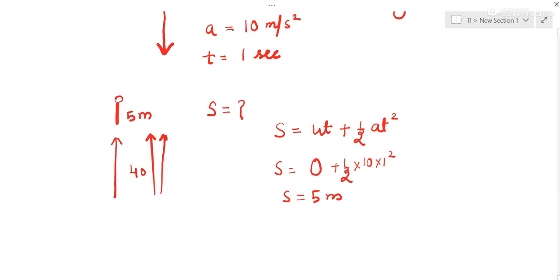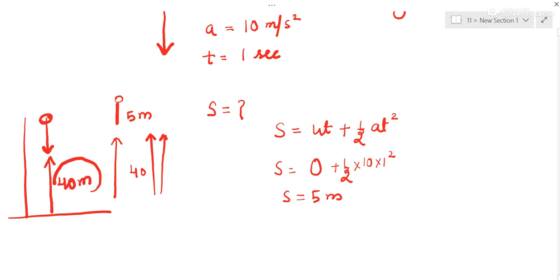So what is the distance of the object from the ground? In 1 second it traveled 5 meters from the top. Total was 45. So this from the ground is 40. So this is how it should be reported. The position of the object after 4 seconds is 40 meters from the ground, at a height of 40 meters. So kindly prepare these numericals.